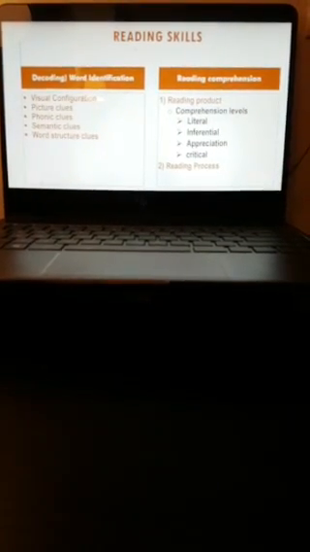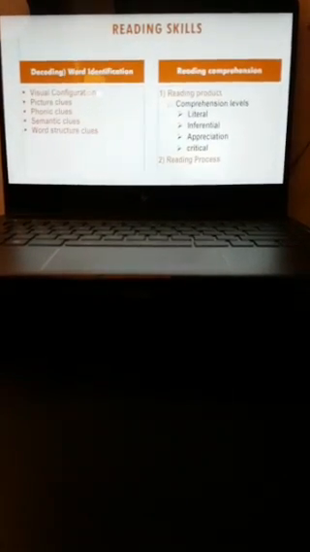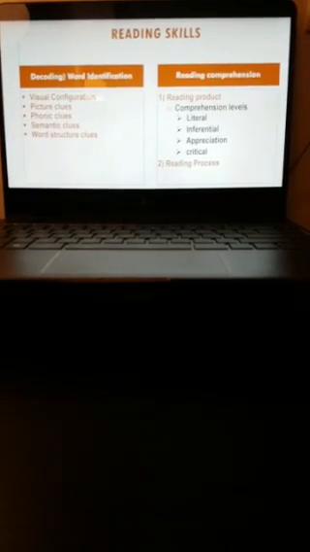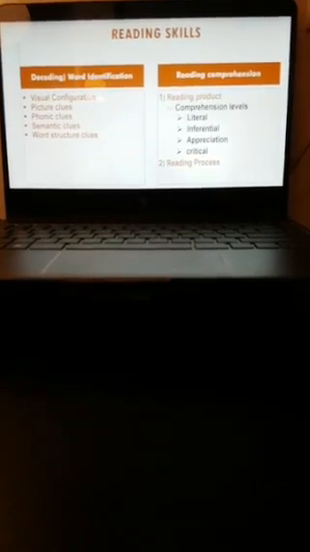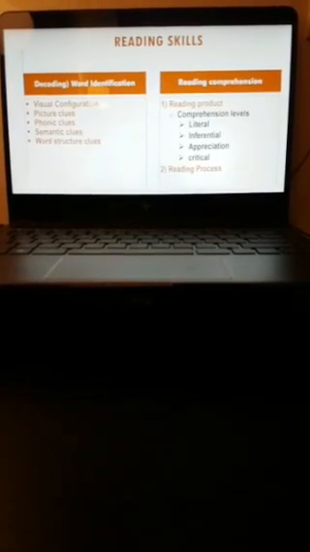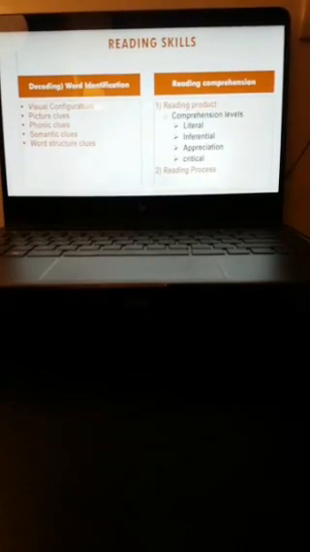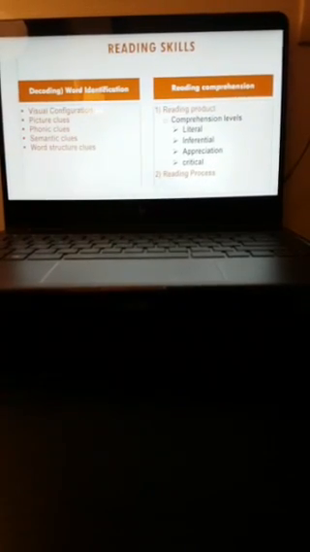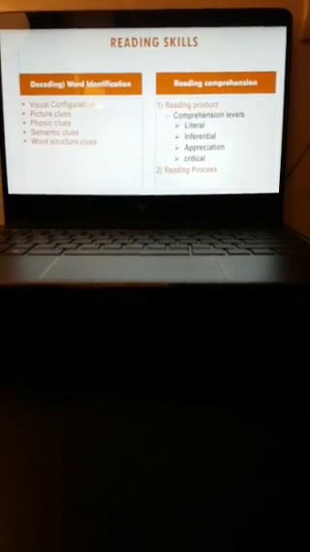Now, the third skill is reading skills. And the reading skill is a receptive skill, like listening. And the skills are similar to the listening skills. Instead of identification of speech sounds here, word identification. We identify, we recognize, we decode the printed symbols on paper.